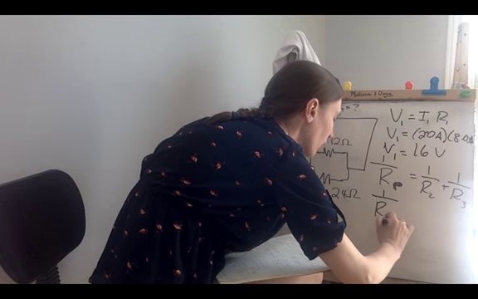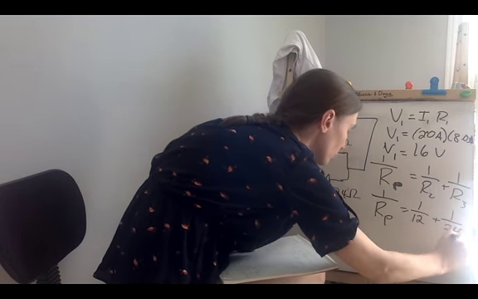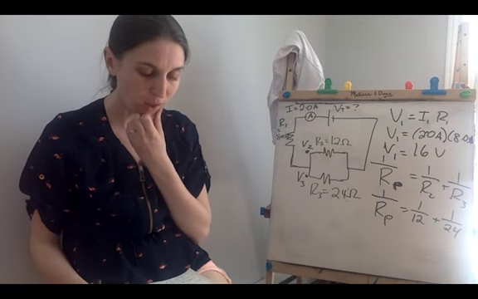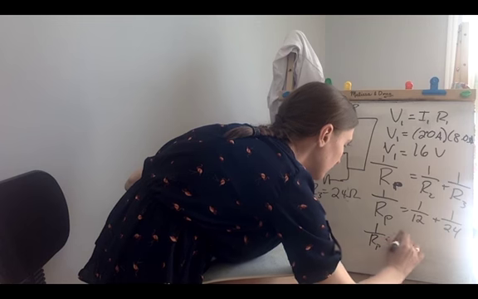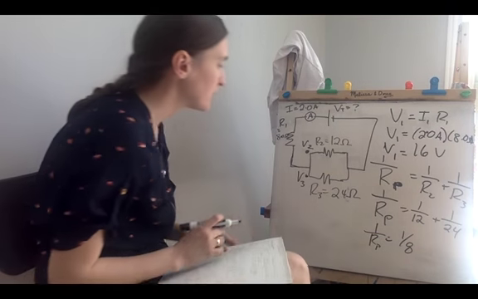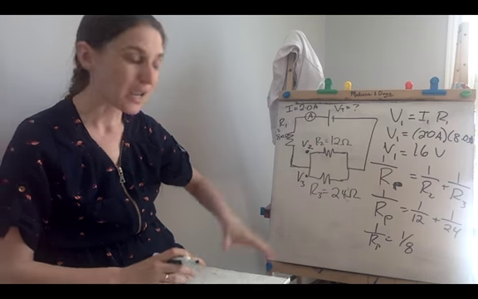So 1 over R_P is equal to 1 over 12 plus 1 over 24, and what you get there is 1/8. So 1 over R_P is equal to 1/8, which means the total resistance in this little section is 8 ohms.